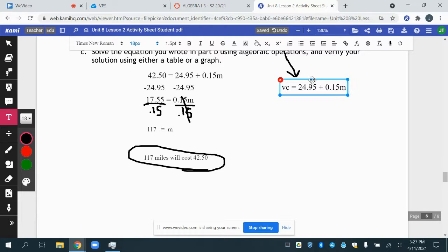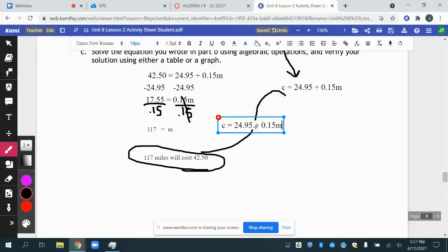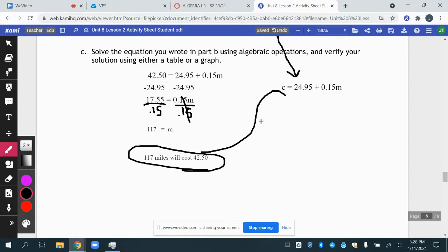We got C equals in our original formula. This was the setup, and we're going to assume that 117 miles. Okay, we went 117 miles. We're going to see what that makes.